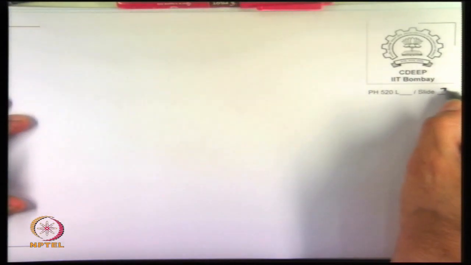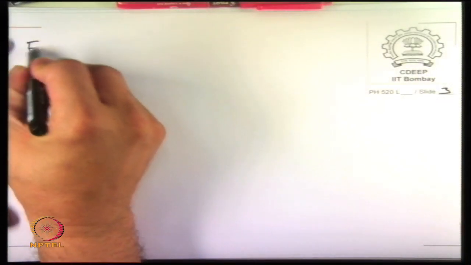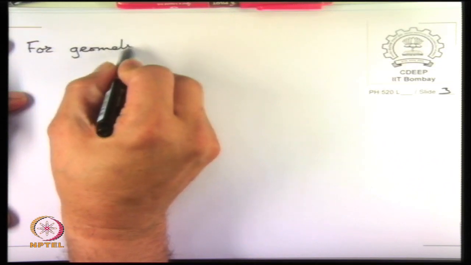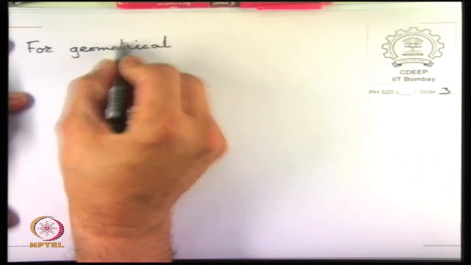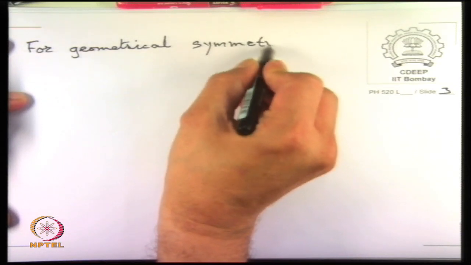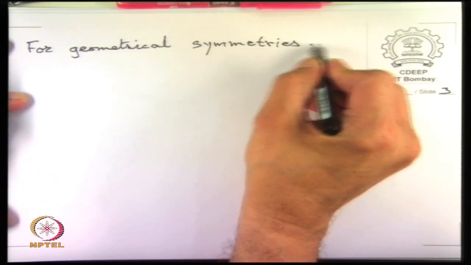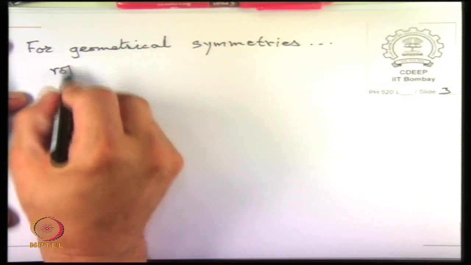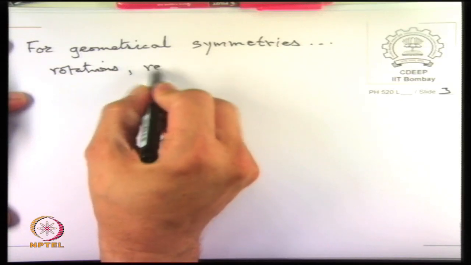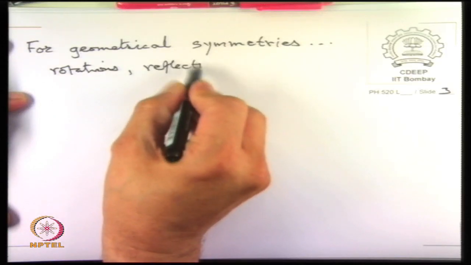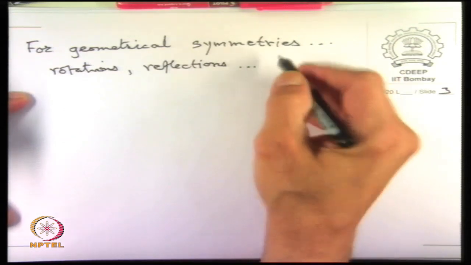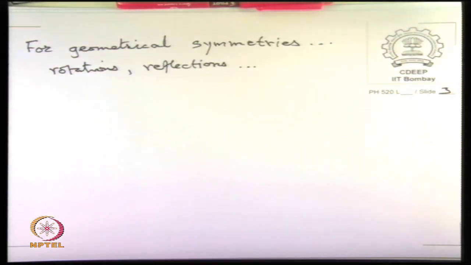So where we have things like rotations and reflections, we use the rotation matrices.